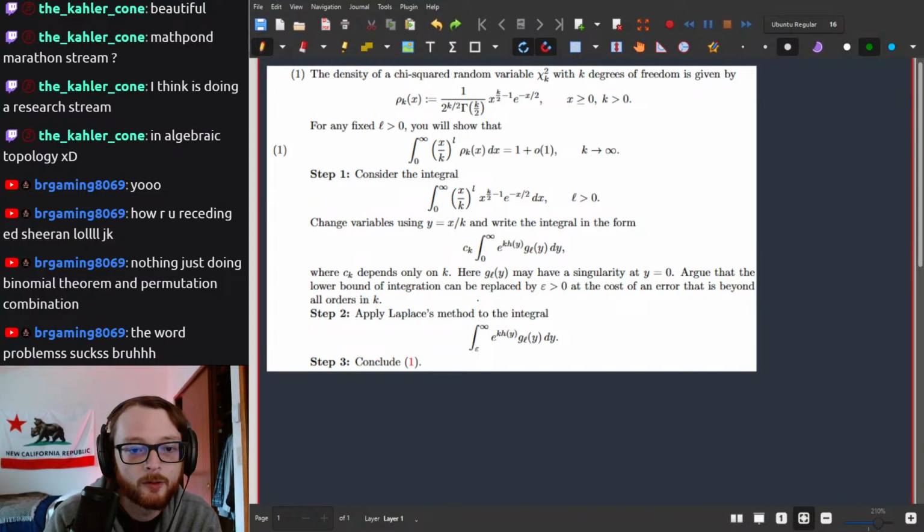see what happens. So consider this integral, which is this integral with rho. Why is this rho and not chi, by the way? I guess rho is the density of the random variable. Okay, that question is answered.